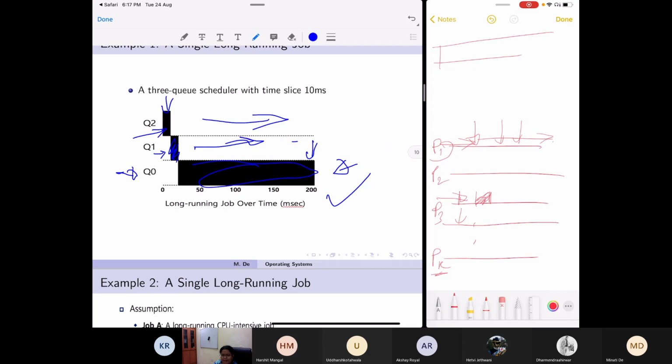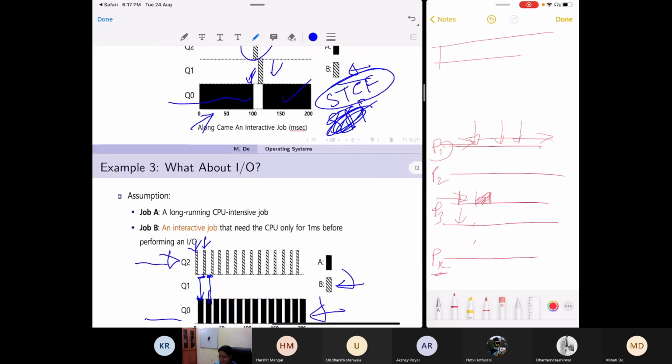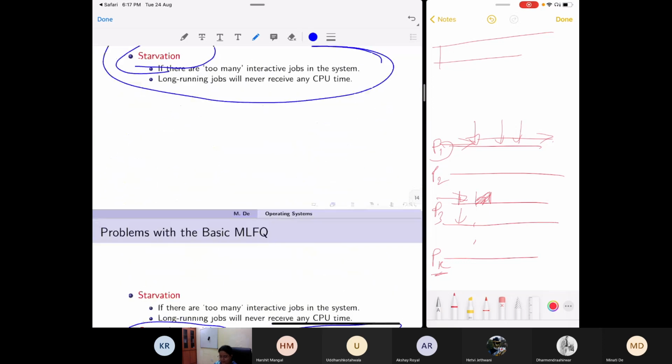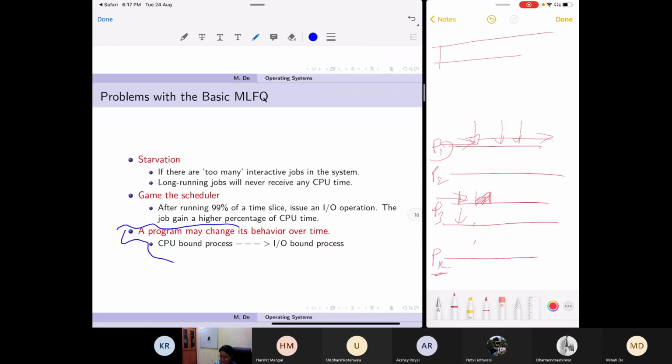But it might happen later on that it is an interactive job, and it is in the last, lowest priority level. So that's another problem. So these are the three problems so far we have in the system with respect to the rules which we made.